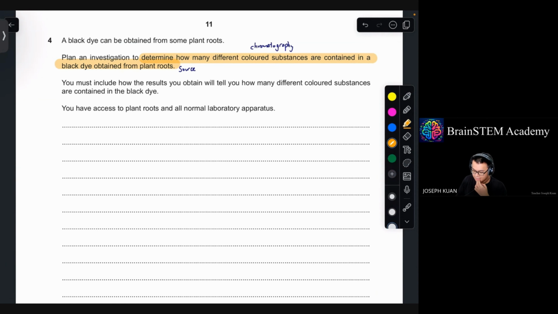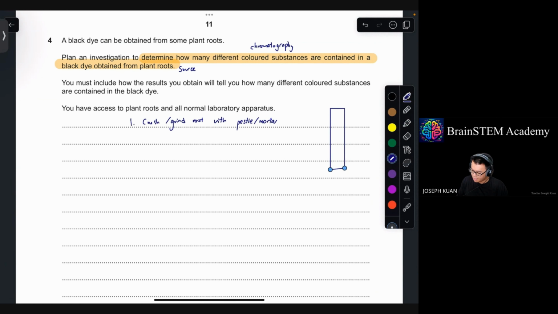So what you need to do is first crush or grind the root. The more traditional method is to use a pestle and mortar. And then with that, you obtain the extract. So you take the extract and put a drop on a piece of chromatogram paper.